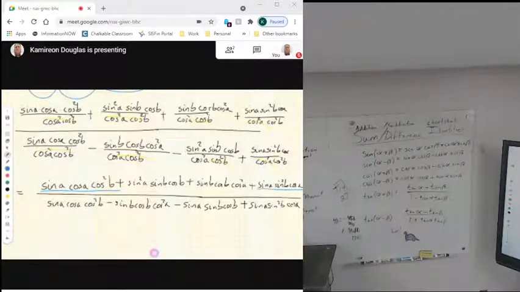One more time, look at those two pieces underlined. They both contain sine of A, they both contain sine of B, plus one more thing. And that one more thing should look very familiar. One of them is sine squared, the other is cosine squared. And sine squared and cosine squared cancel.